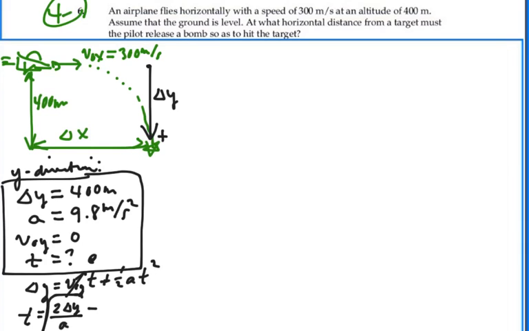And it's going to be the square root of 2 times 400 over 9.8. Let's figure out what that is. That is 9.035 seconds. So let's go 9.04 seconds.